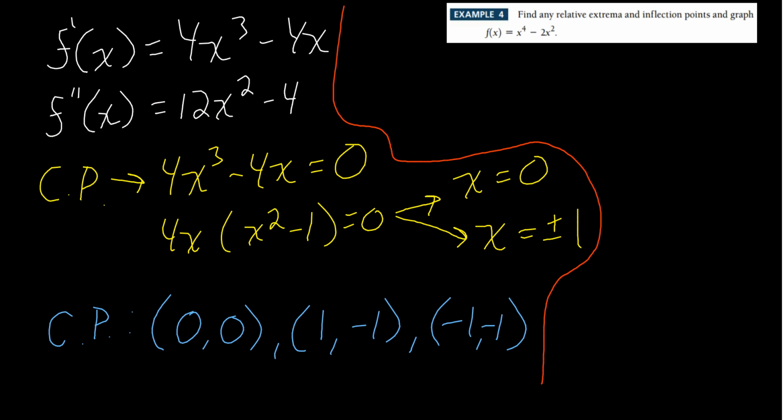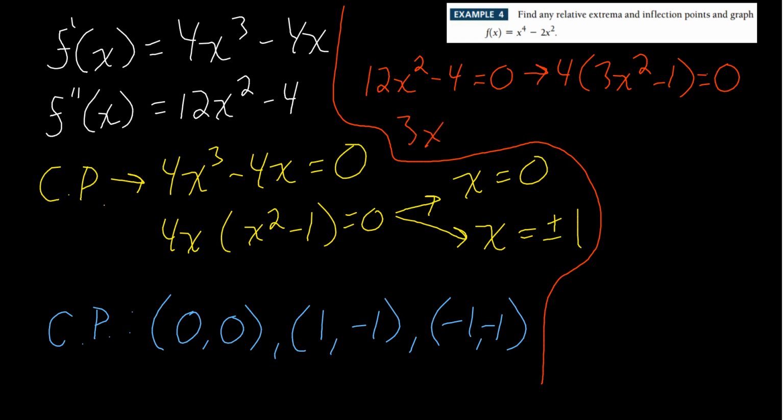So if I set this equal to 0, 12x squared minus 4 equals 0. Again, we can factor out, looks like just a 4 this time. So 4, and we got 3x squared minus 1 is equal to 0. We don't care about the 4, so we can simply say 3x squared minus 1 is equal to 0.